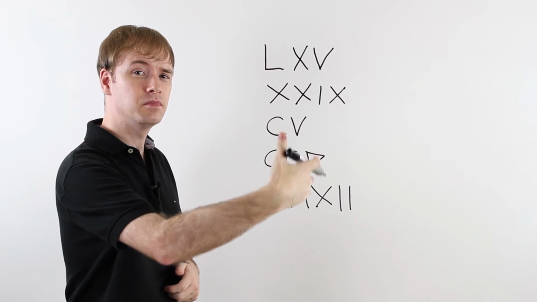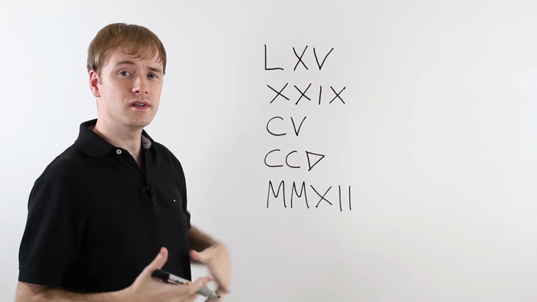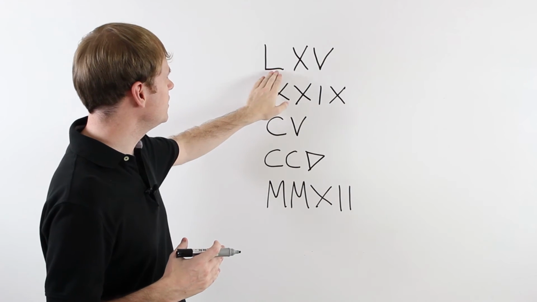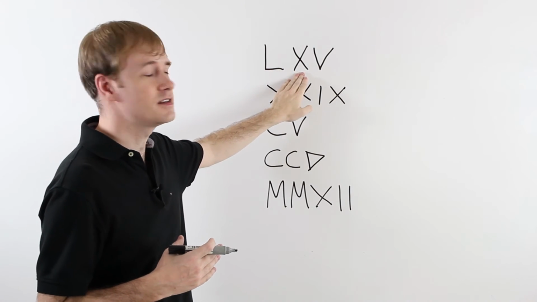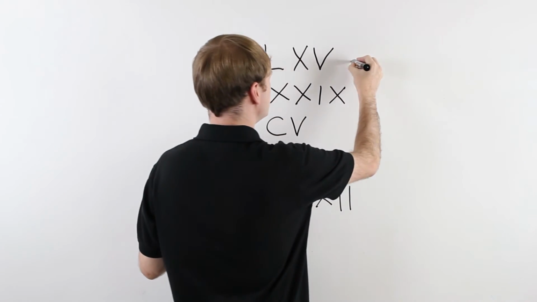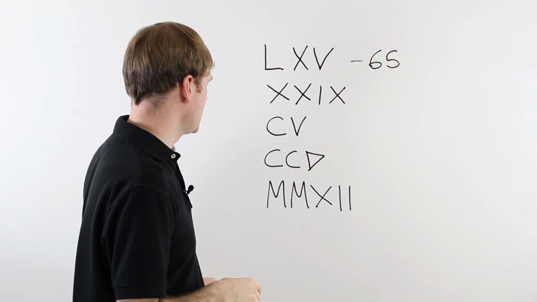So 50 plus 10 is 60. And V, what is V? V is 5. So 50 plus 10 is 60 plus V is 5. So this is going to be 65.